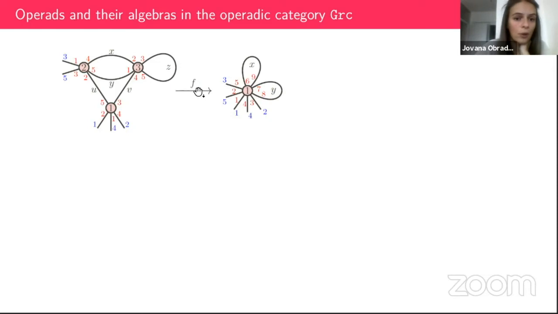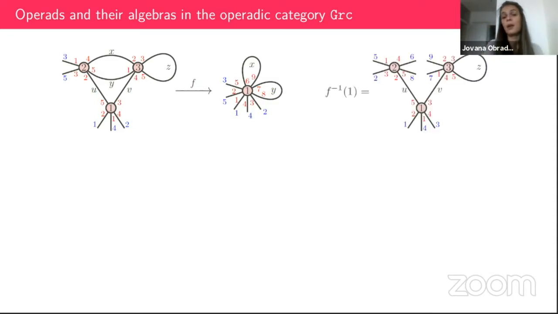So F contracts the subgraph determined by the edges U, V, and Z, and you can see that by contracting U and V, these edges X and Y actually turn into loops. Okay, and then the fibers of a morphism are given precisely by those subgraphs that got contracted to a vertex.